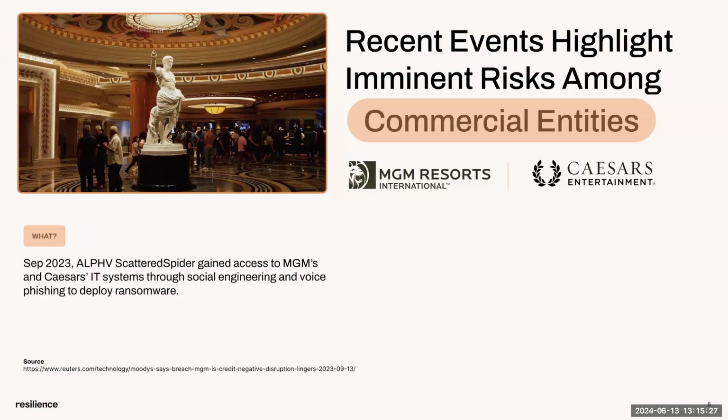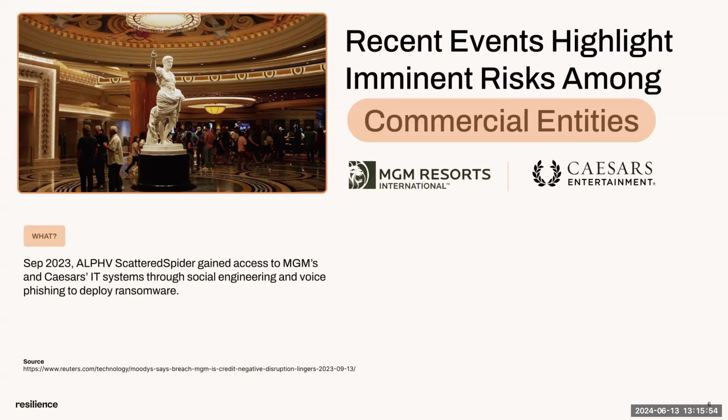Another recent event that you are probably familiar with, especially if you happened to be traveling during this period of time: in September of 2023, another variant of Alpha V, the Scattered Spider gang, gained access to MGM and Caesars resorts through social engineering and phishing efforts.